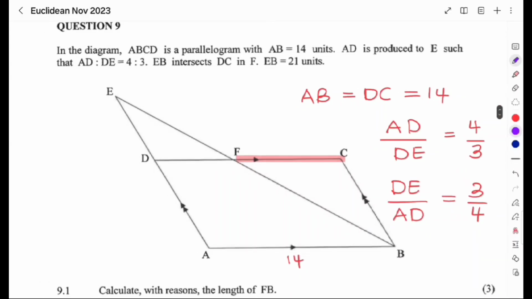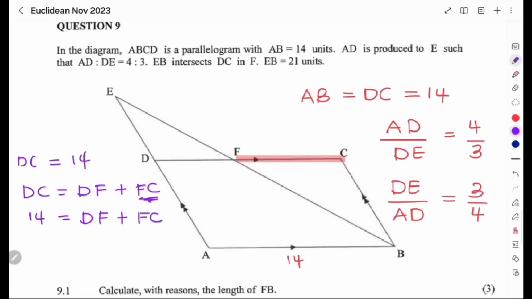Here we've already discussed that the opposite sides of a parallelogram are equal, meaning that DC is equal to 14, and DC is made up of DF plus FC, and we are looking for FC. So we can substitute 14 here. That means if we are able to find DF, we can then find FC.